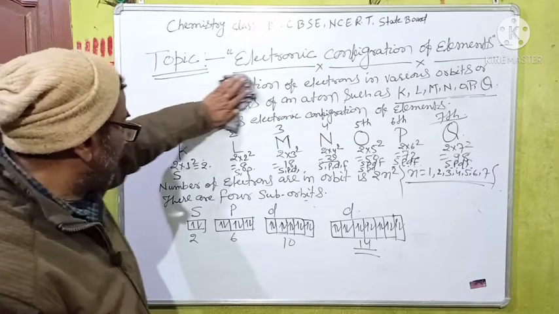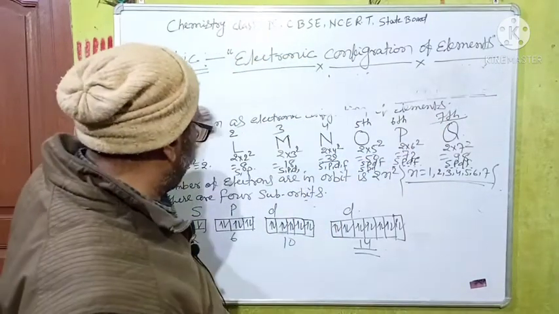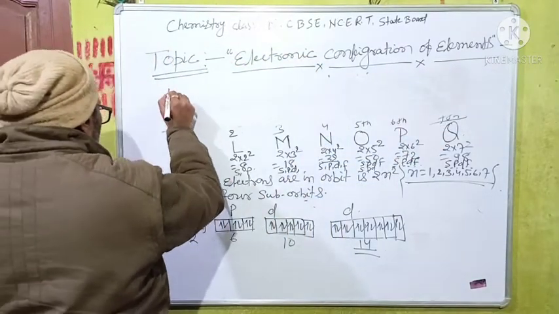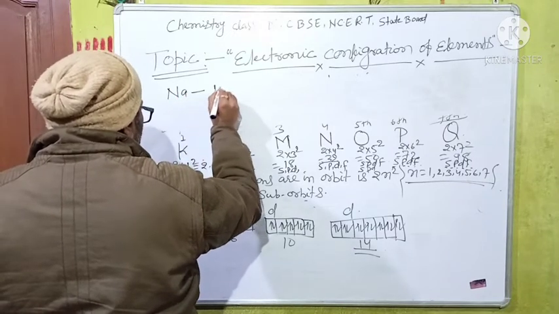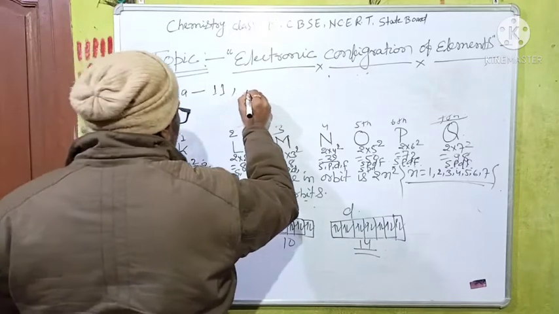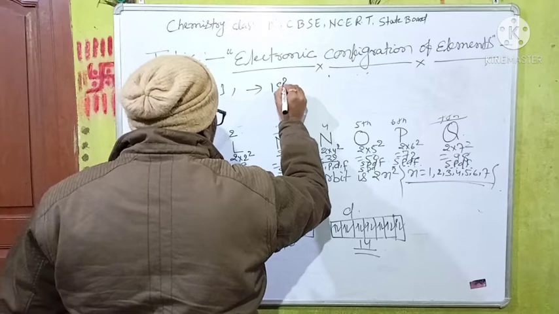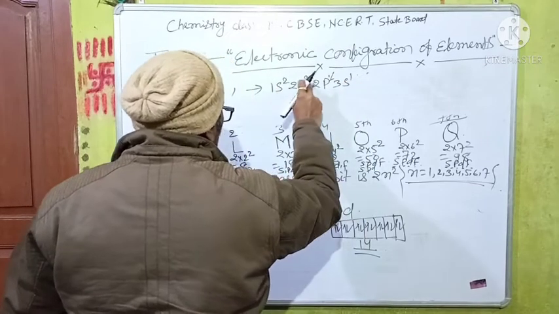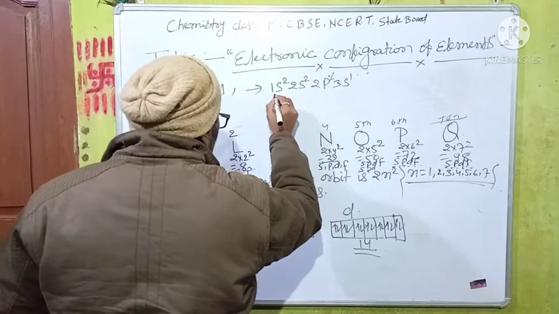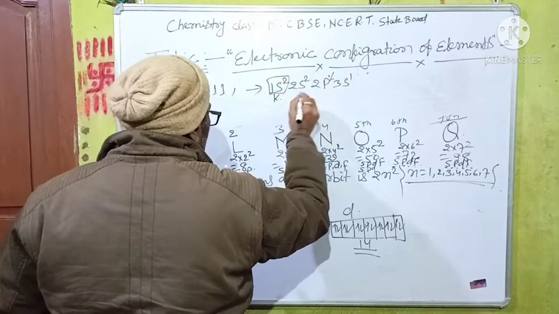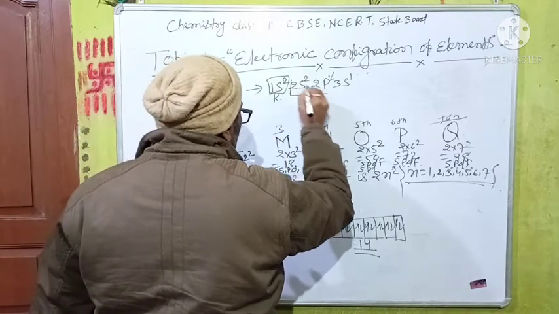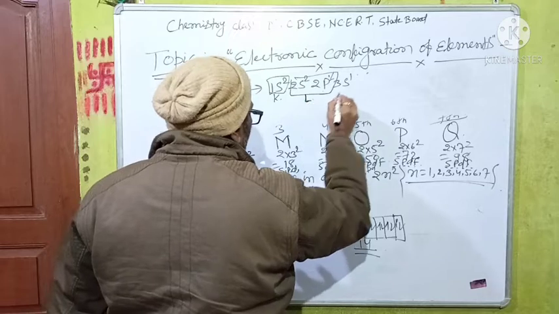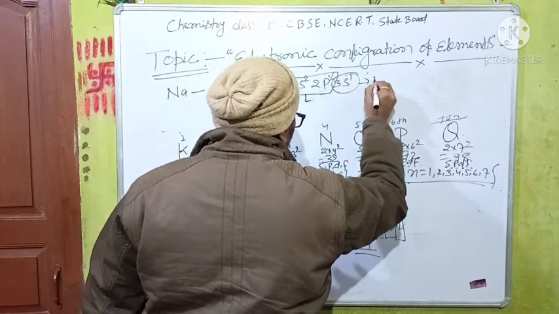The electronic configuration of sodium, whose atomic number is 11, we can write here as 1s2, 2s2, 2p6, 3s1, meaning 2, 2 plus 6, 10 plus 1, because 1s2 represents the K orbit, 2s2 and 2p6 represent the L orbit, and 3s1 represents only the M orbit.